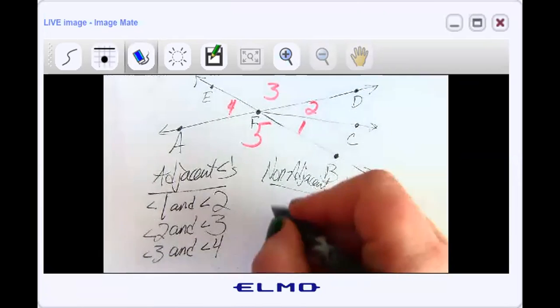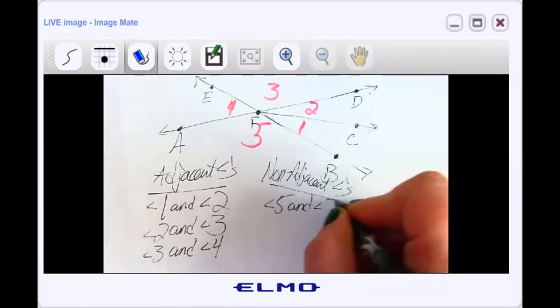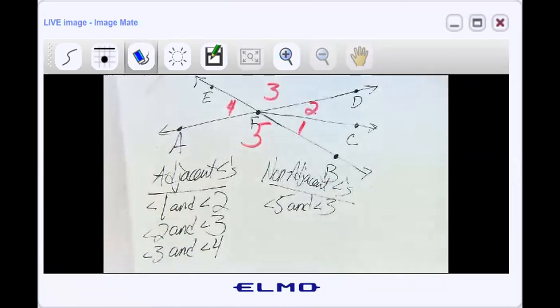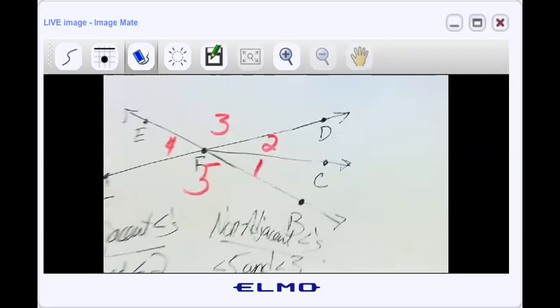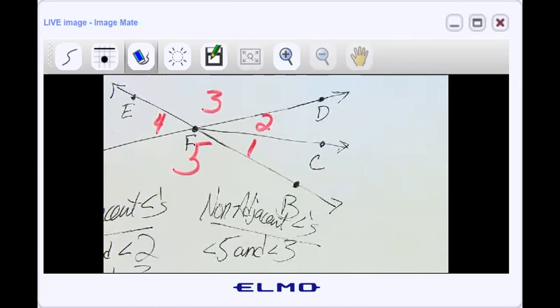Yes, 5 and 3 are not adjacent. So let's walk our way through that. How are they not? Well, remember, it has to have all three things that we've been talking about. Number 1, do they have a shared side between them? They need a shared vertex, but they also need a shared side, right?